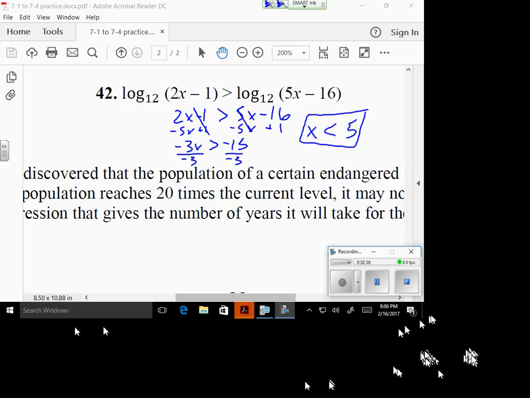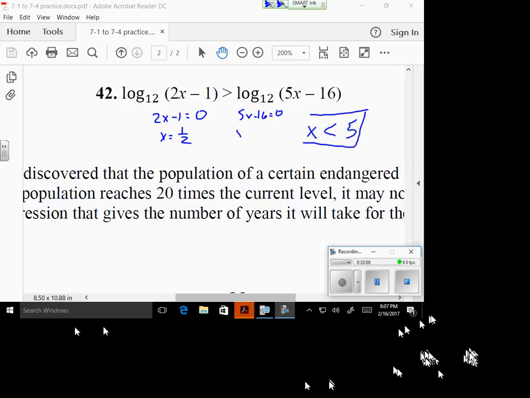But let's double check and make sure. X can be less than 5, but how much less? Set the first one equal to 0. X would be 1/2. Can't be less than 1/2 over here. 5x minus 16 equals 0.